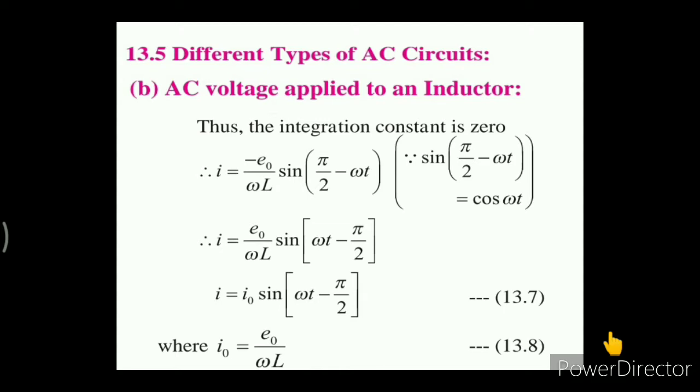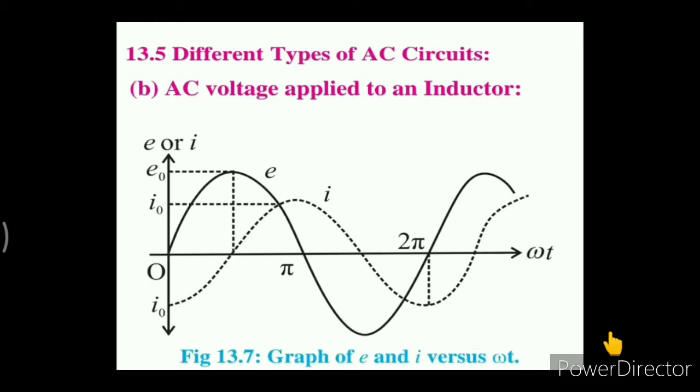I is equal to I0 sin (omega t minus pi by 2), and hence we can conclude that the EMF leads the current by a phase of pi by 2 radian, or current lags behind the EMF by pi by 2 radian, and also EMF and current both are sinusoidal of the same frequency, as shown in the graph of E and I versus omega t.